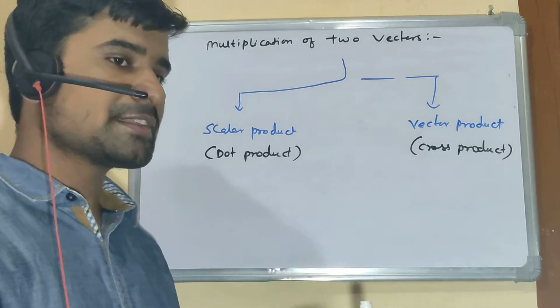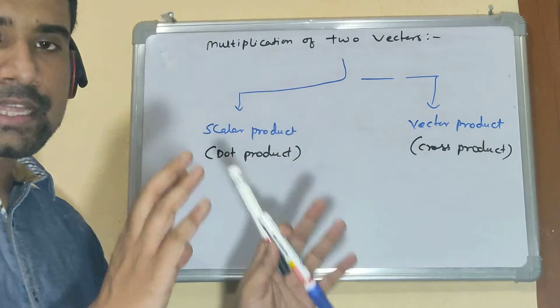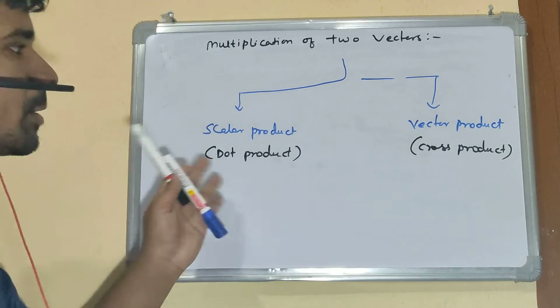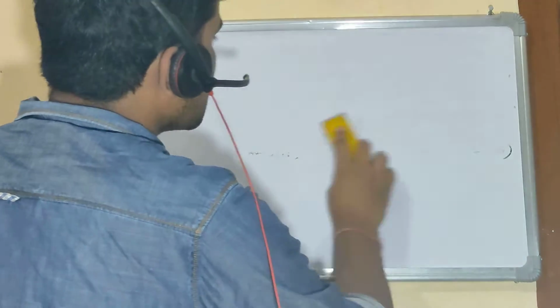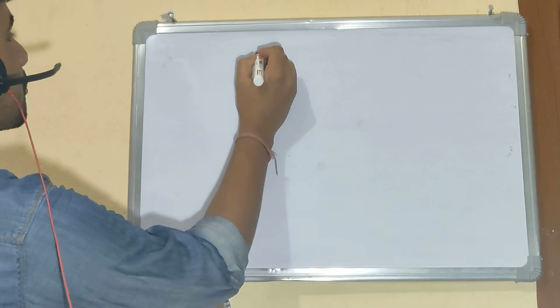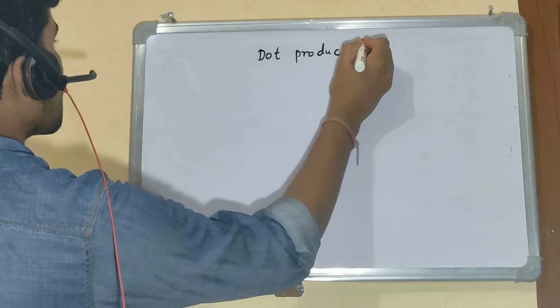So the resultant will have a magnitude as well as a direction component, right? Okay. So let's talk one by one. Dot product or scalar product.